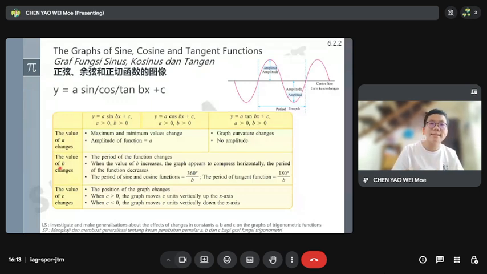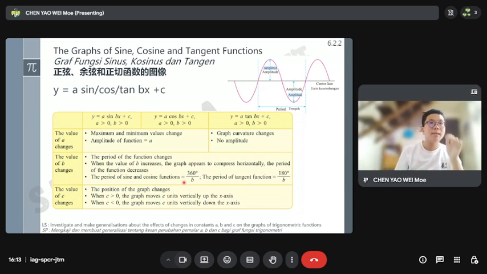For tangent it is 180 over B. We can use the value of B to determine the period. So the period is one whole cycle. When the B value changes, the graph will be more compressed, and we will see more cycles there.